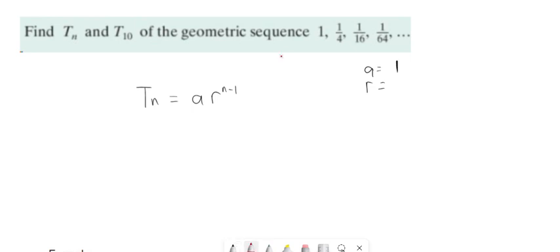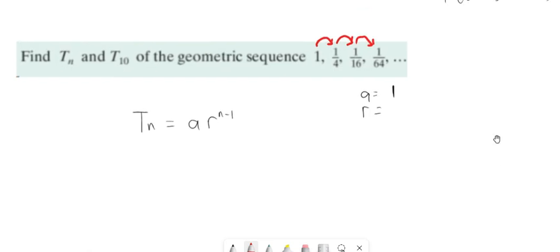Now we have to figure out what's happening each time. There has to be something that's being multiplied. To get to the next term, it has to be multiplied by the same thing each time. If that doesn't happen, then it's not a geometric sequence, but this one is. So think about it: what would you multiply 1 by to get 1 over 4? Well, you'd multiply by 1 over 4.